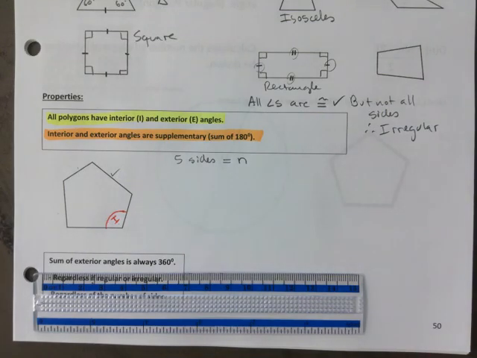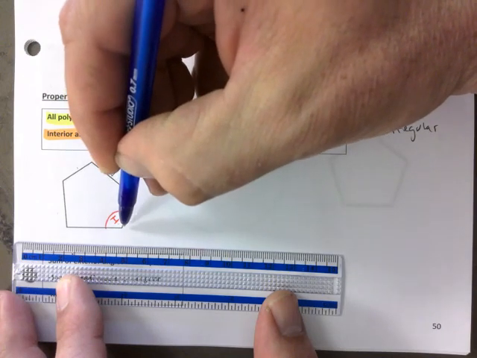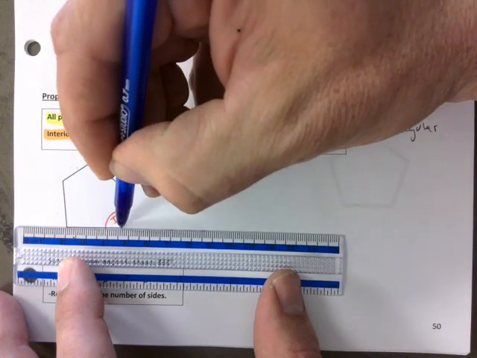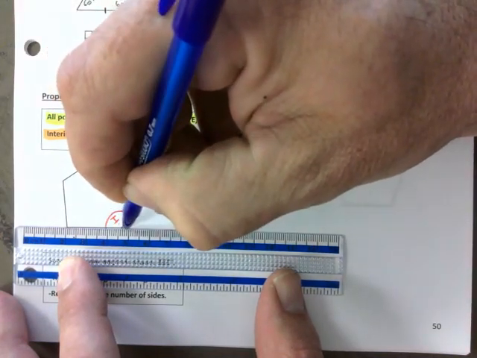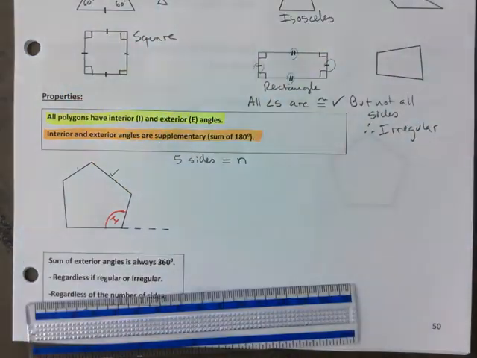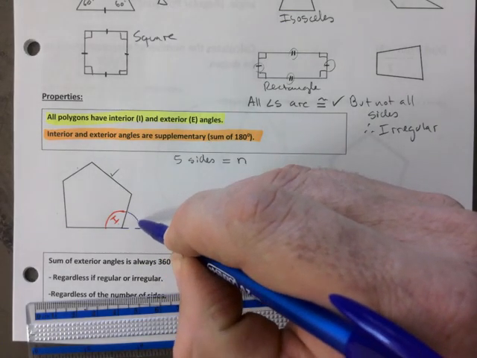On the outside. Okay. So this is how you find the exterior angle. Pick any side that meets at that corner. I'm going to pick this side. I'm going to put my ruler against it and just make a dashed line that kind of comes off of it. Okay. And there you have your exterior angle right there.